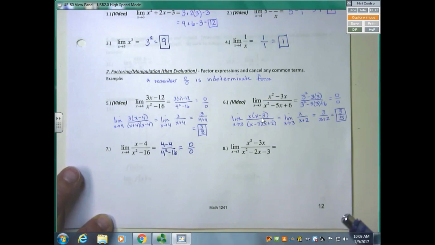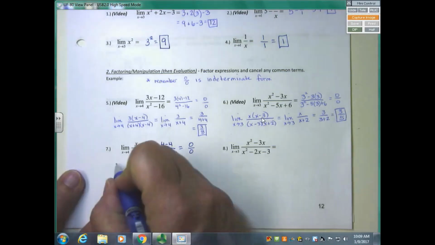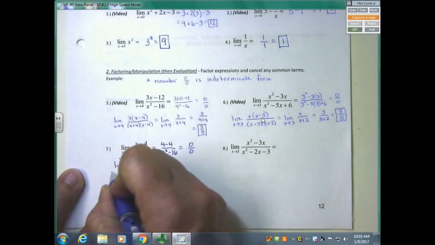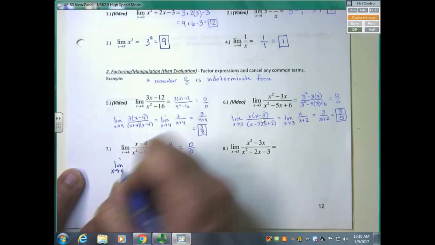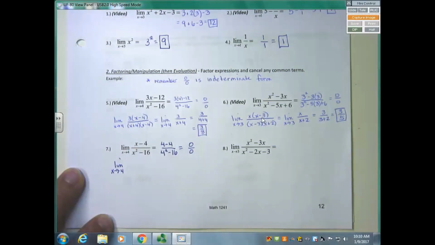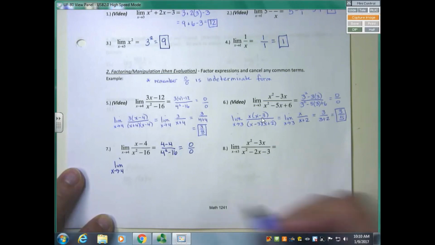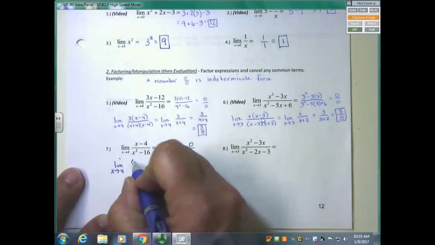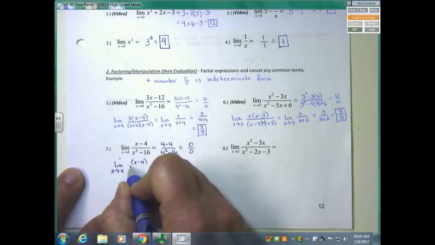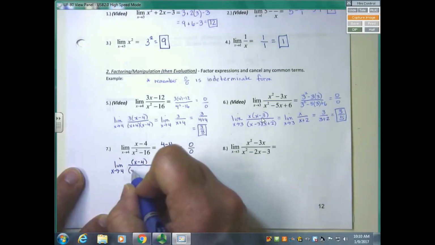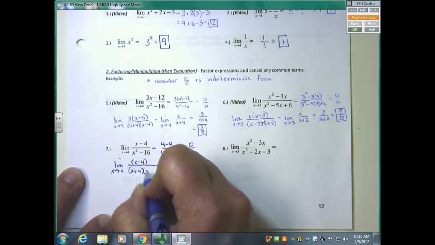So the first way to try to find a limit is to use factoring. Okay? So when you do a limit problem, you must carry this limit notation through all of your steps until you get to the part where you're actually plugging in a number. All right, so I'm going to leave x minus 4 on the top. Can't do much with that. But the bottom factors, x plus 4, x minus 4.